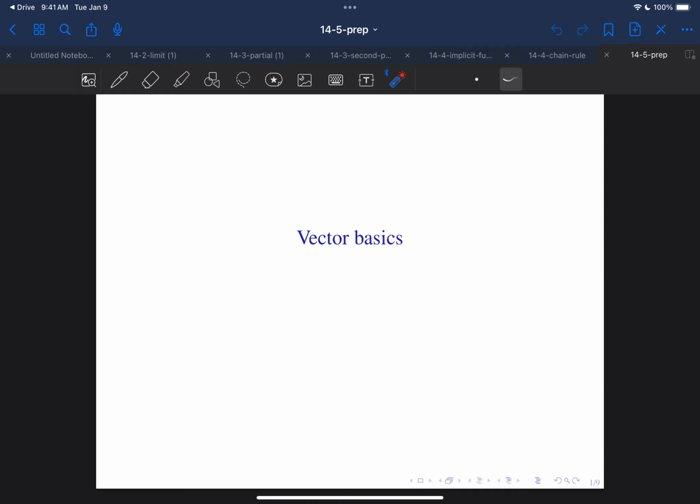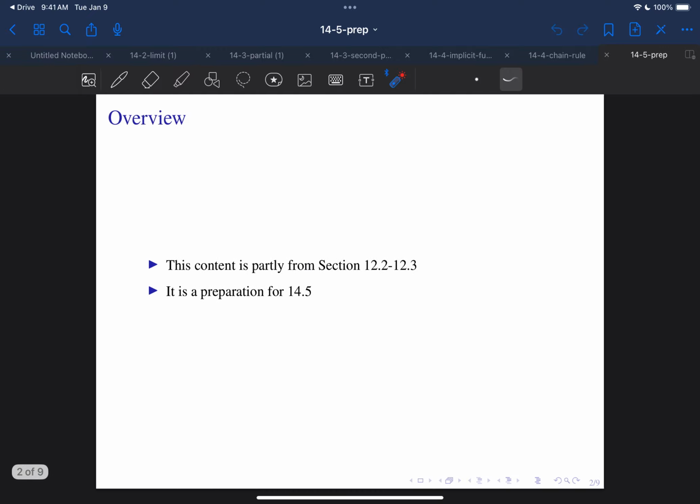In this video, we're going to talk about some background knowledge of vectors which will be related to the future learning of multivariable calculus. Those are from sections 12.2 and 12.3, where we cannot go deep into the details.